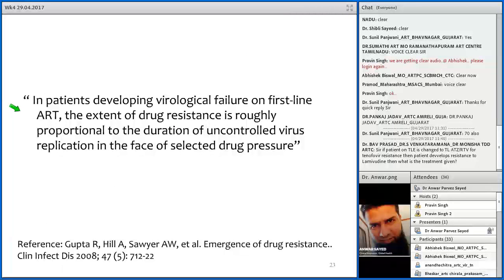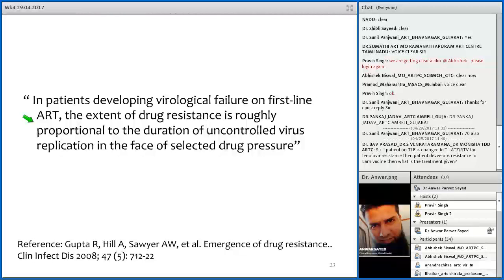So in patients developing virological failure on first line ART, extent of drug resistance is roughly proportional to the duration of uncontrolled viral replication in the face of selected drug pressure. What does it mean for us? See, if you have a patient who is on first line ART doing well, you continue with the treatment.